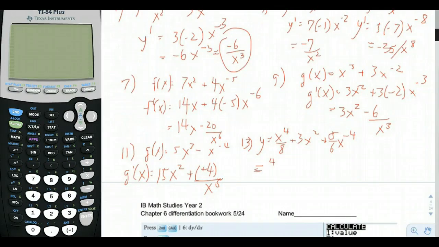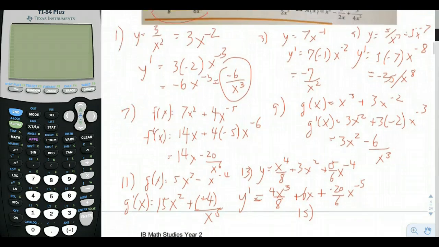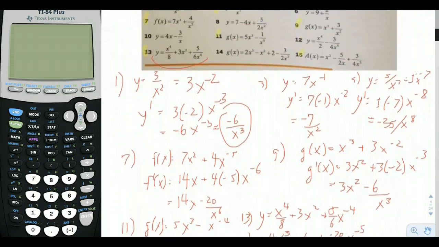So it would be y prime equals 4x to the third over 8 plus 6x plus 5/6 times negative fourth, x to the negative fifth. Okay, so it would be pretty much like that. I won't simplify that. It's not necessary in math studies.